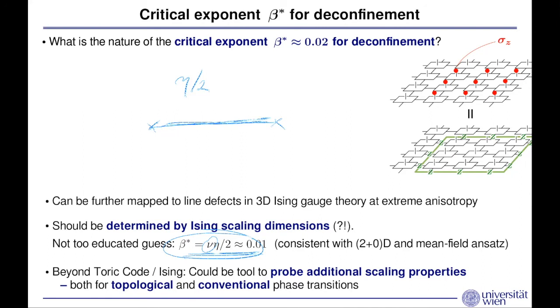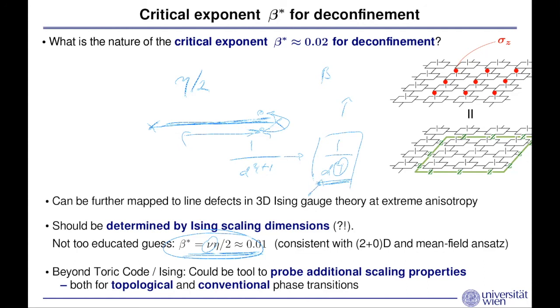The guess is basically based on saying this decays like 1 over the distance to the eta plus 1, if you don't have a cut, right? If you just compare two spins at some distance. But then you want to integrate this over a slit. And if you integrate this, you would expect something like this. And if some correlation decays like this at the critical point, then the beta should be exactly this, right? Whatever the exponent is divided by 2 times eta. Because this basically introduces some length cutoff which you insert in B.